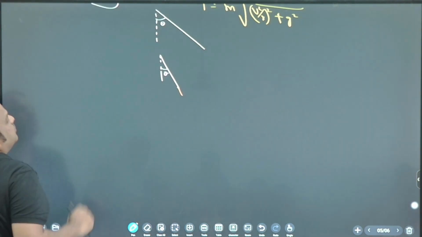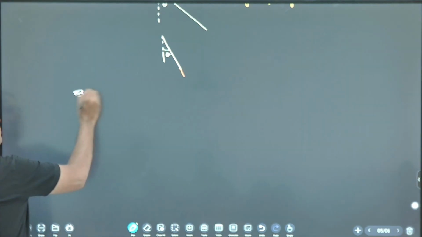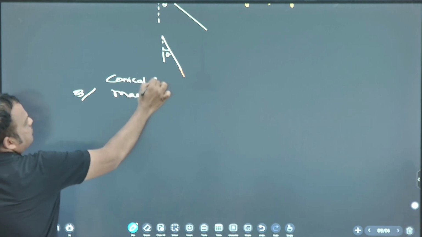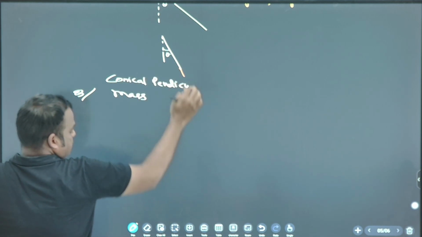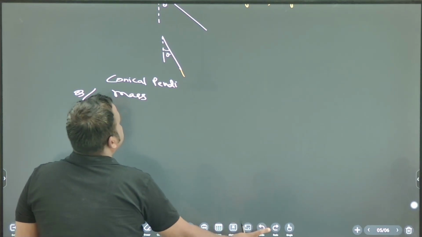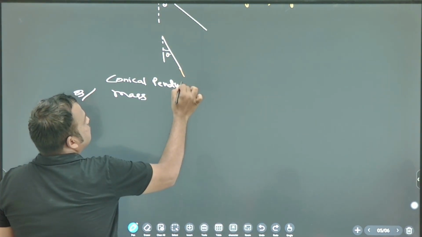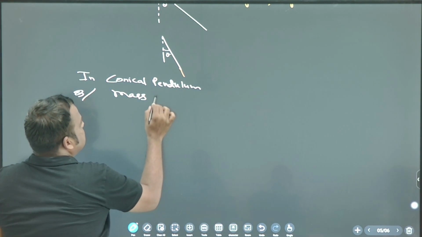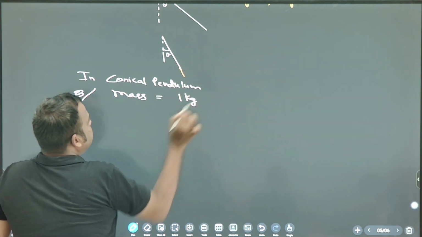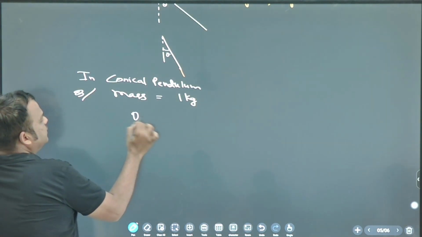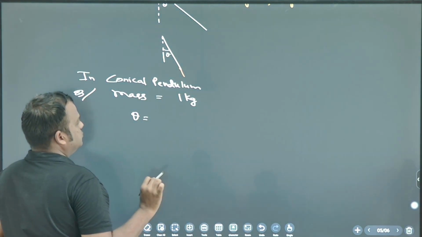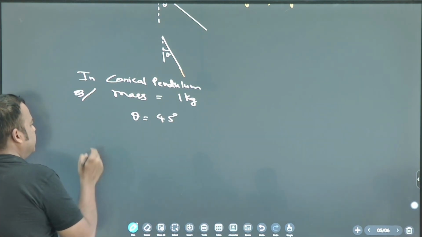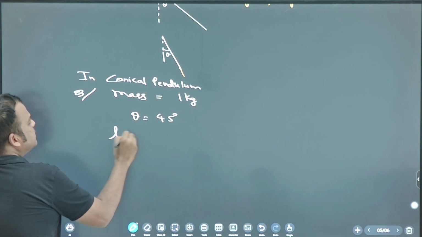Okay, so now solve one question. Suppose I am giving a conical pendulum. In the conical pendulum, mass is 1 kg, angle theta is 45 degrees, length is 2 meter.